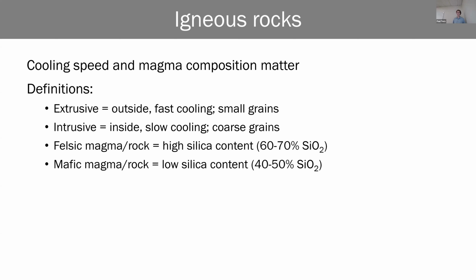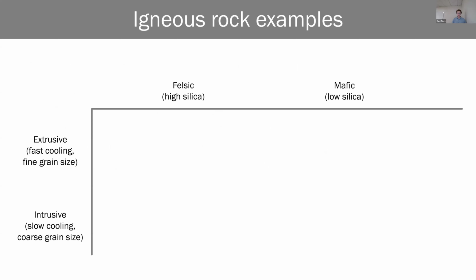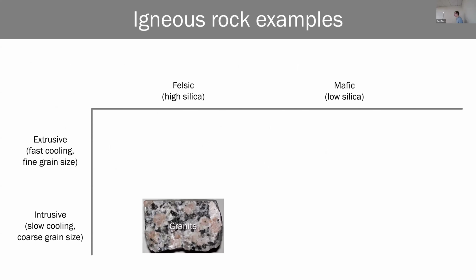These definitions are great, but how about some more visual examples? What do they actually look like when they're creating rocks? Well, let's make a little table here. On the left, let's put extrusive and intrusive. And on the top, we'll do our felsic and our mafic. Starting with one of our intrusive felsic rocks that we talked about in the previous lecture, that would be granite.